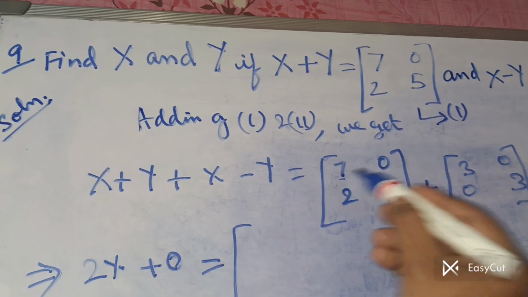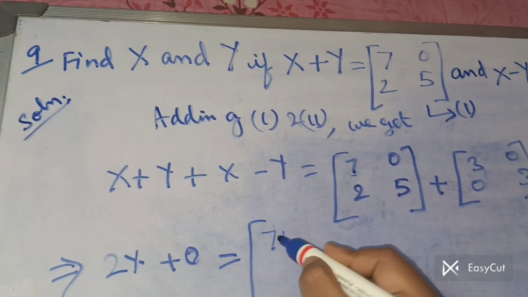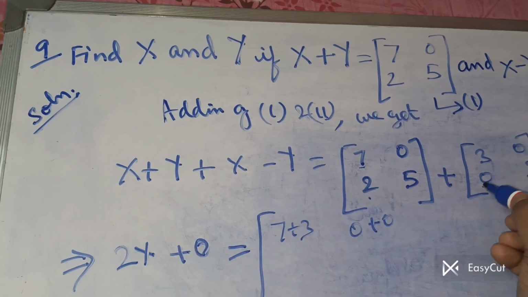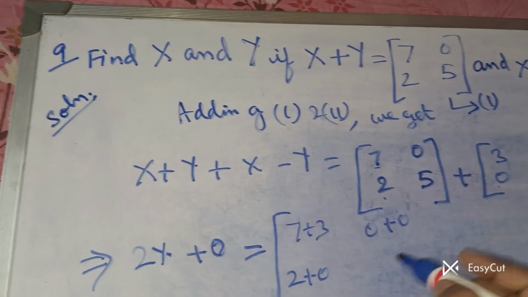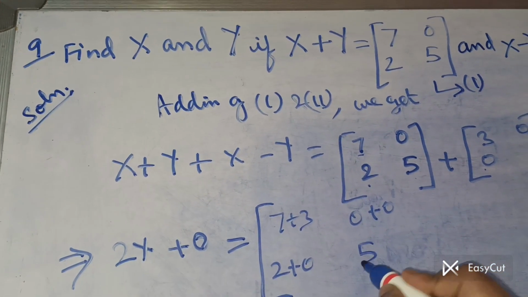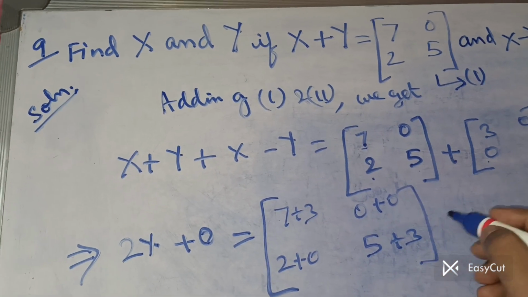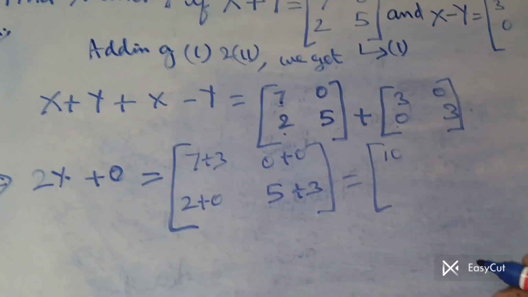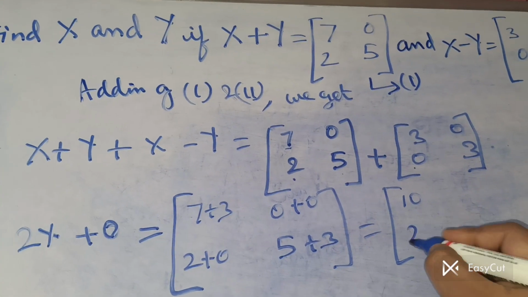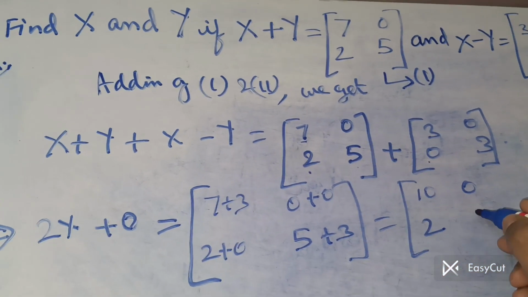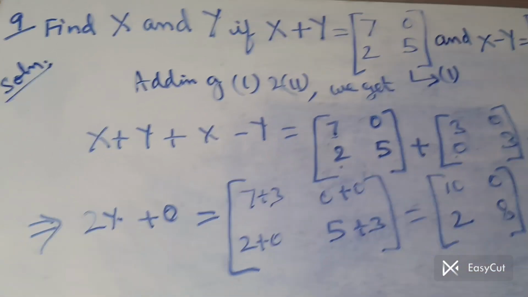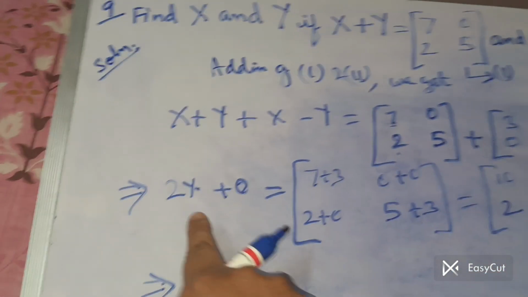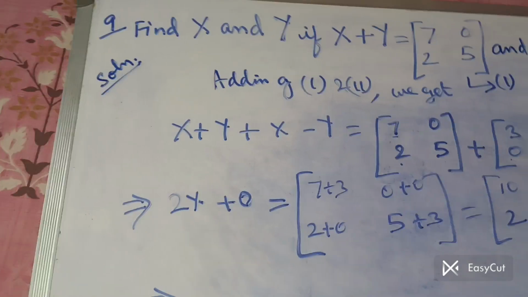We have to add this first to this: 7 plus 3, 0 plus 0, 2 plus 0 and 5 plus 3. So it becomes 7 plus 3 is 10, 2 plus 0 is 2, 0 plus 0 is 0 and 5 plus 3 is 8. Now here it is 2x plus 0, which means it is actually the 2x matrix only.